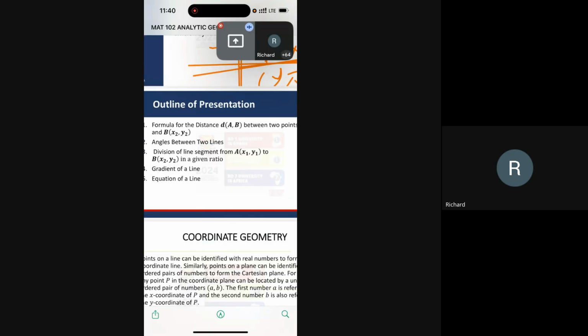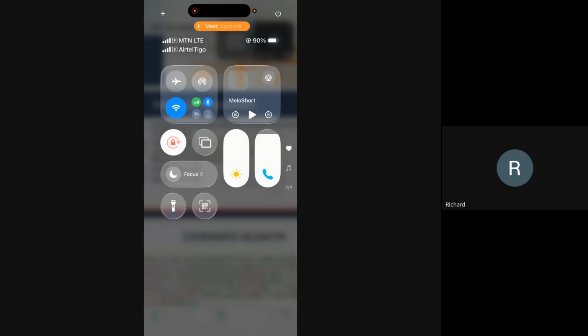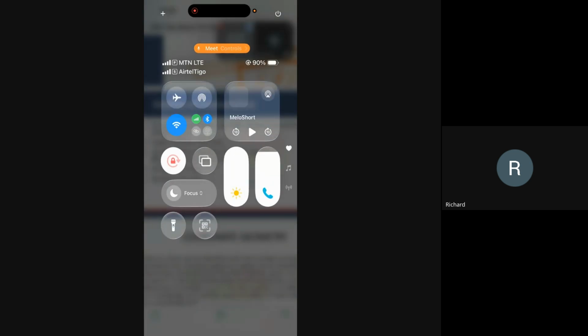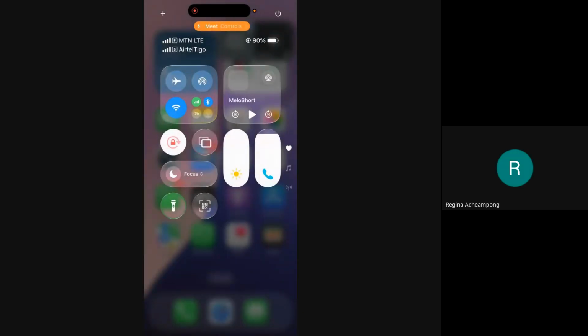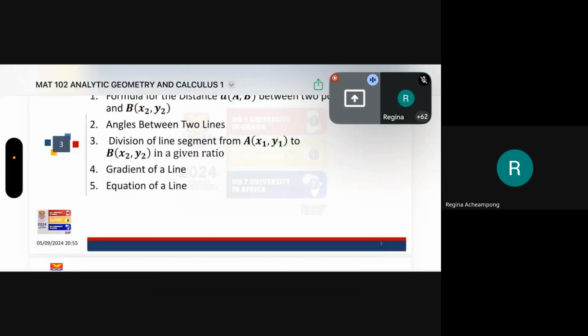Some of us have not muted our mic, and there is background noise, so we can all mute to hear Doc. Unfortunately, I'm not able to rotate. This is my new phone. I don't know how to do it. Okay, so I think it's on now. Is it okay now? Yes, please.